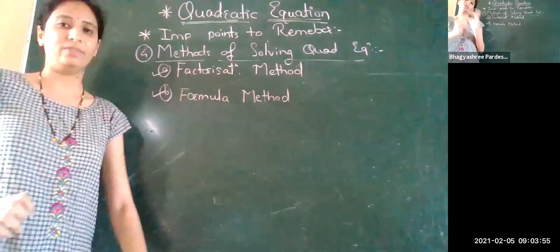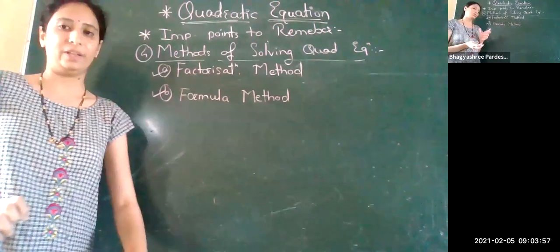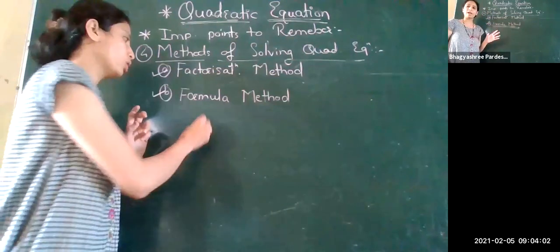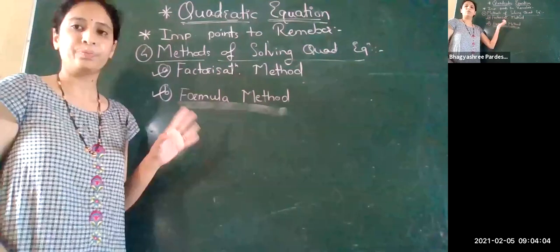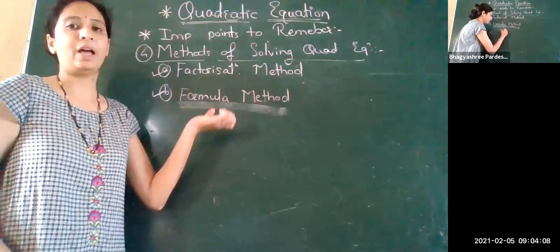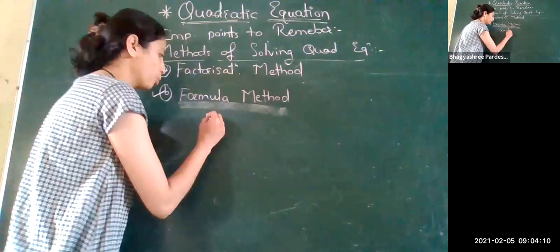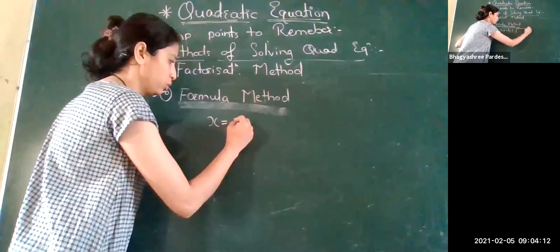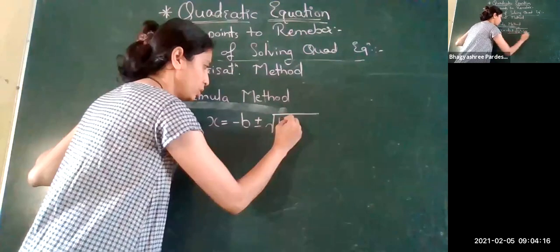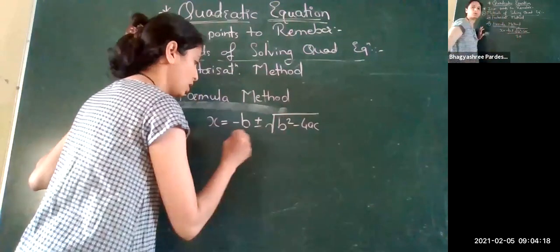For the weaker student or the average student, you must focus on the formula method, because it is very easy. Why? Because in this method, we simply have to apply the formula. So what is that formula? x is equal to minus b plus minus under root b square minus 4ac upon 2a.